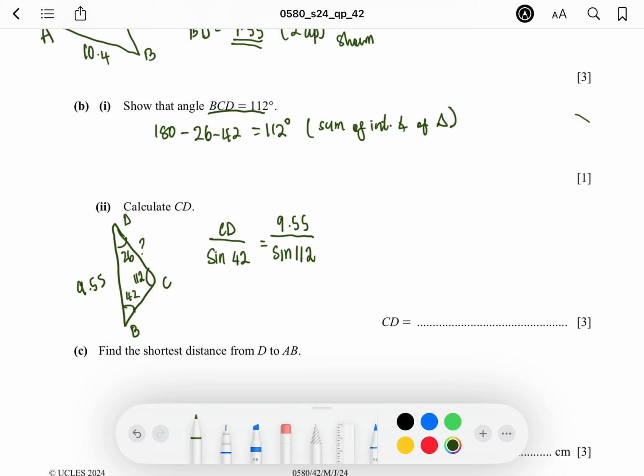If your answer is not exact, you should give your answer correct to 3 significant figures, and the value would be 6.89.